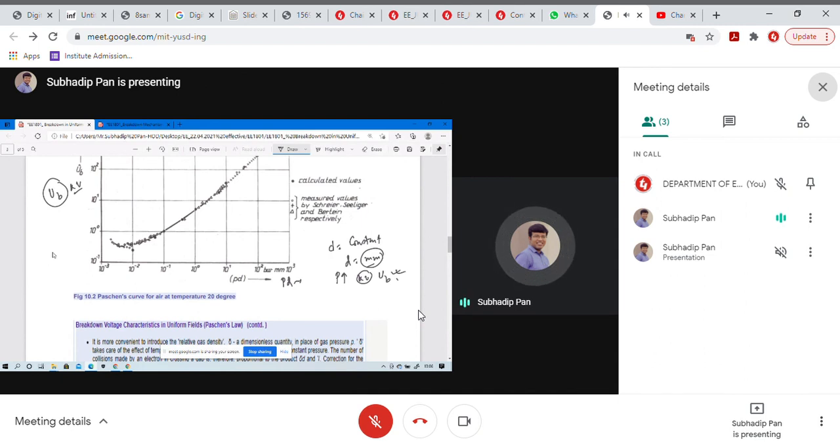And there we will see the variation of the graph due to the change of the gas pressure. So the black marking point will be called the calculated value, and this whole section is called the measured value.